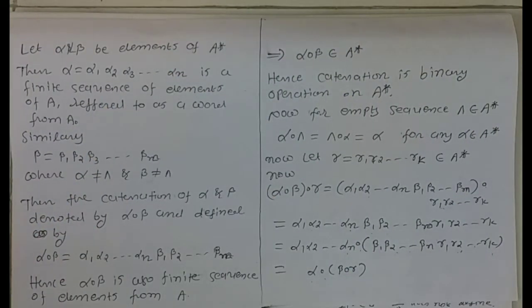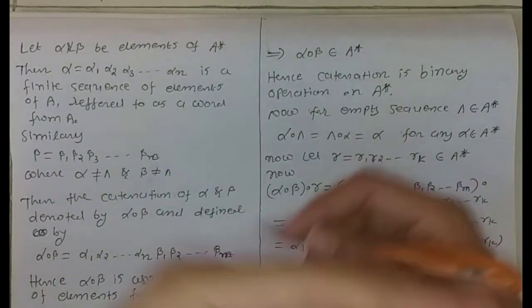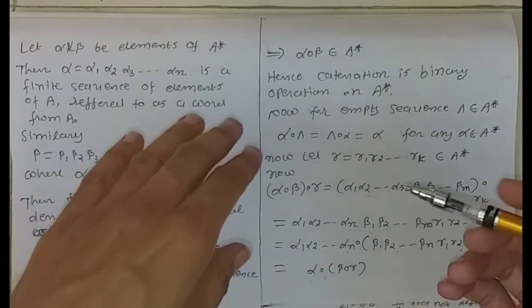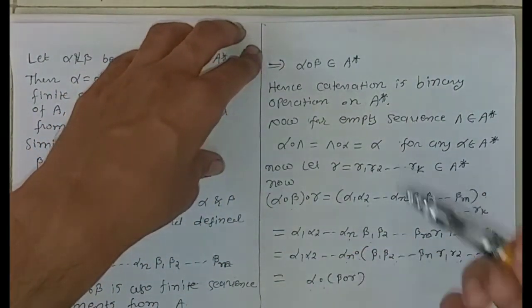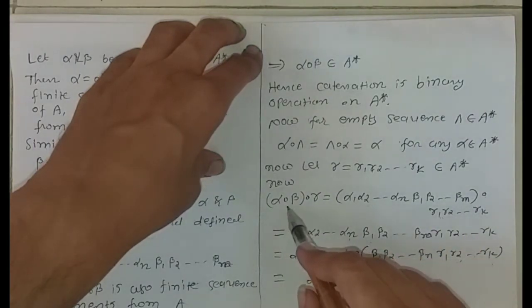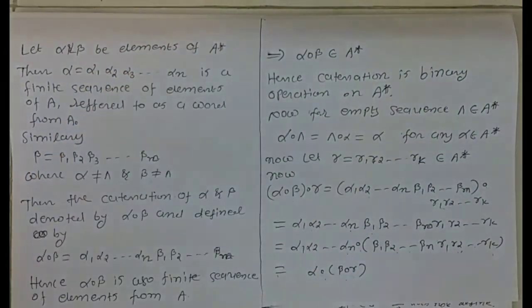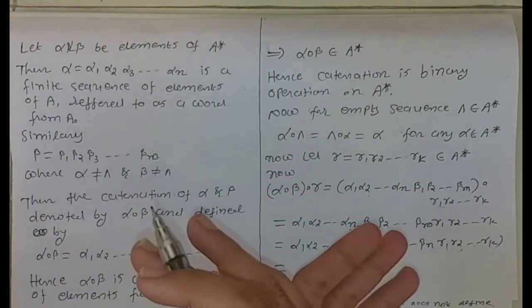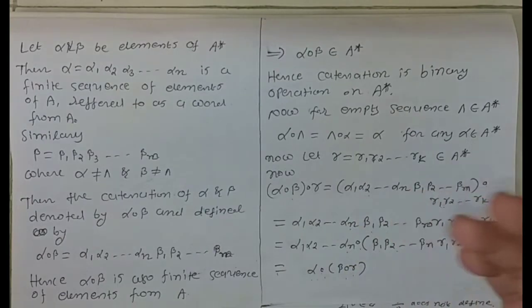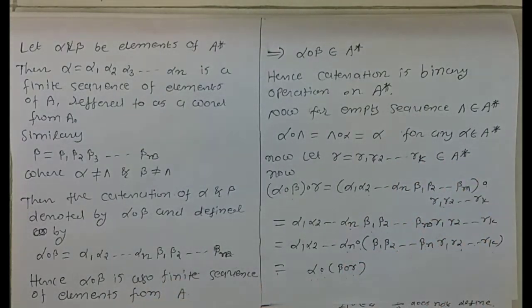From this we have seen that the catenation binary operation is associative, that is, alpha catenation beta catenation gamma is equal to alpha catenation beta catenation gamma. So our binary operation is associative, and A star is a non-empty set, so A star with binary operation catenation is a semigroup.